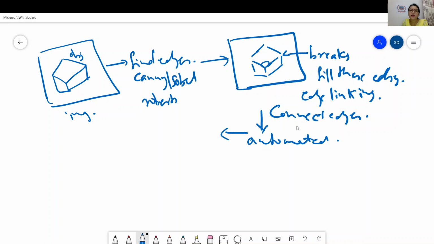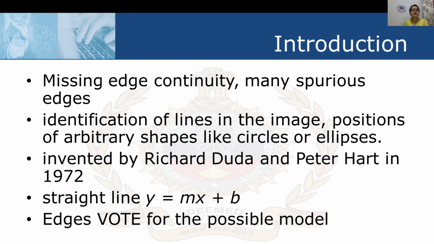So here the Hough transform will play a role because it can detect a line. It identifies the lines in the images, and positions of arbitrary shapes like circles or ellipses.